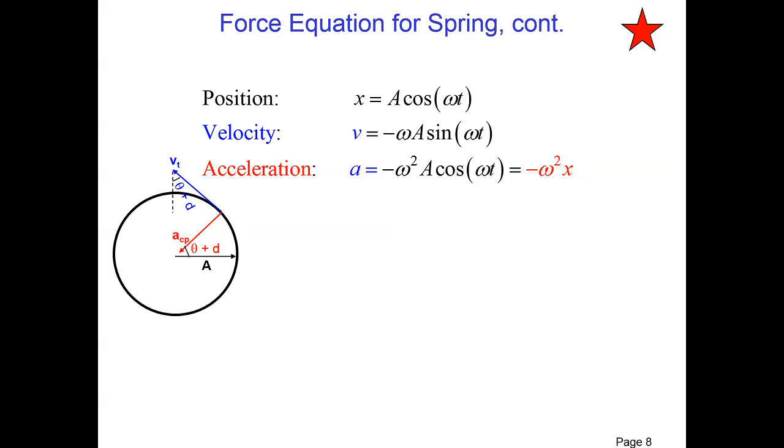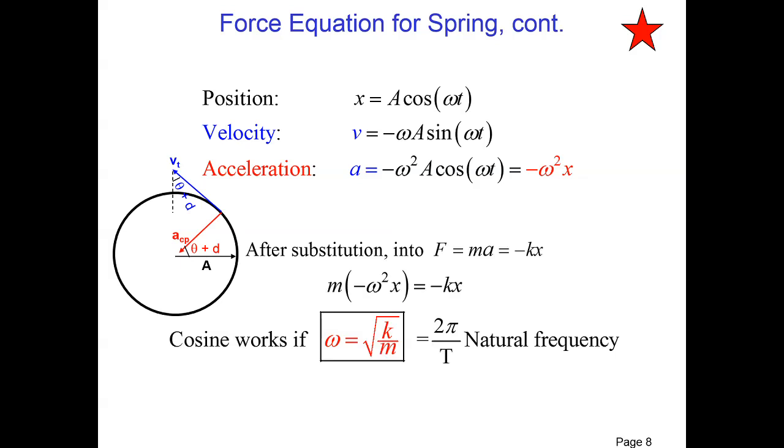Now we know the acceleration, so for a mass on a spring, the force will be k, the spring constant, times the displacement. The position x is A cosine omega t, so we can rewrite the force using our acceleration equation as the mass times negative omega squared times A cosine omega t, and A cosine omega t is the position x.